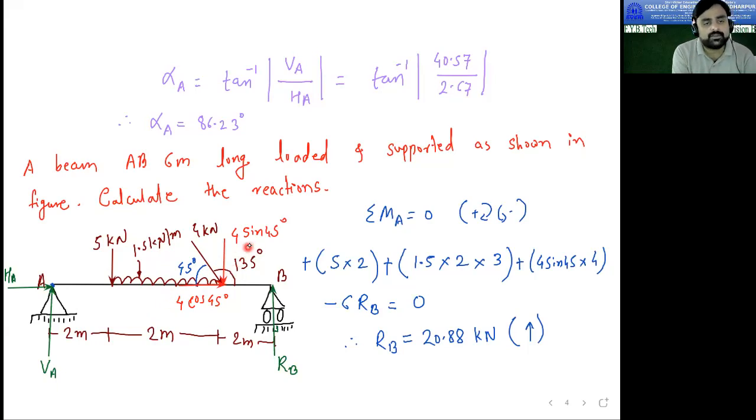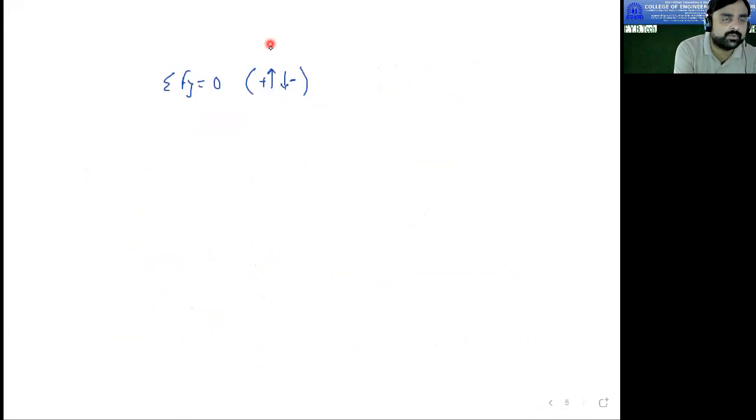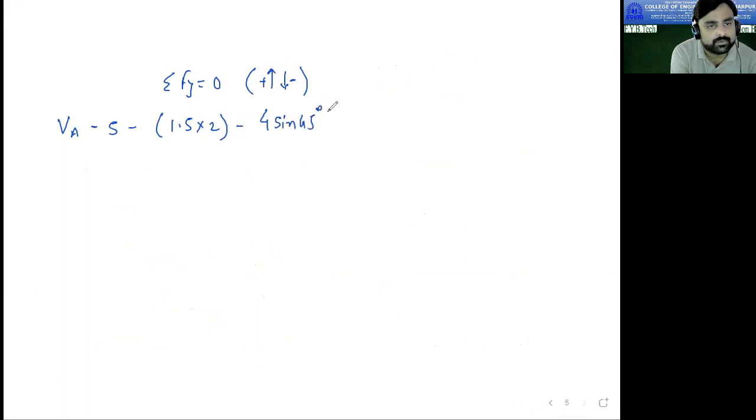Then this 4 sin 45 is also moving downward, again minus, and RB is moving upward, plus. So the equation is VA minus 5 minus 1.5 into 2 minus 4 sin 45 plus RB is equal to 0.